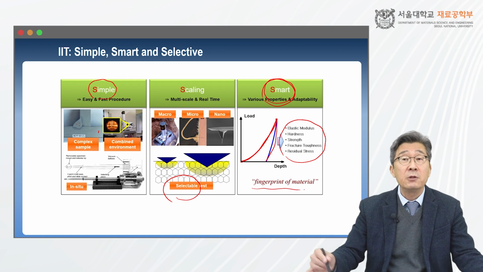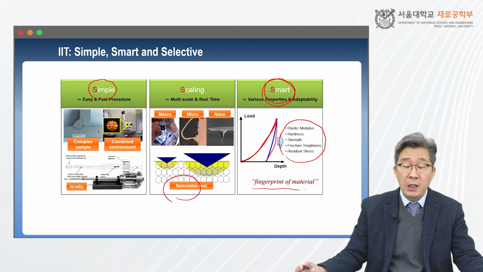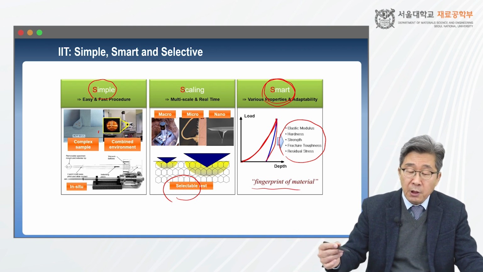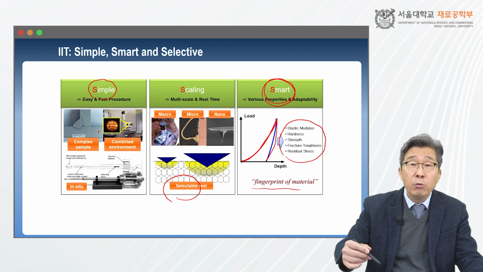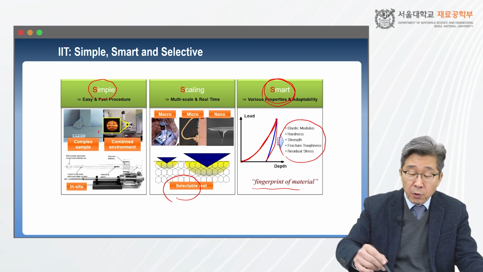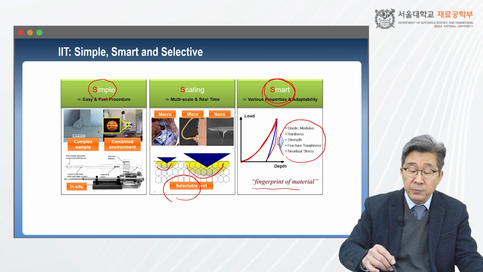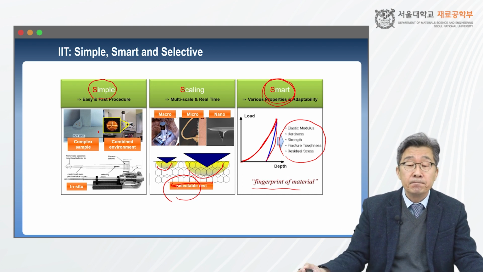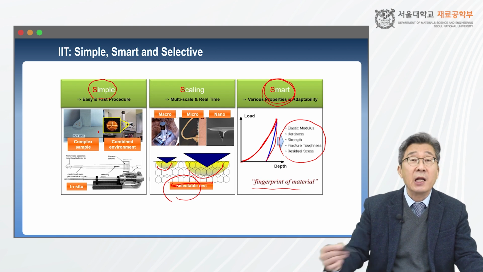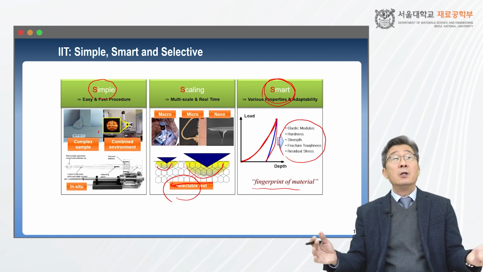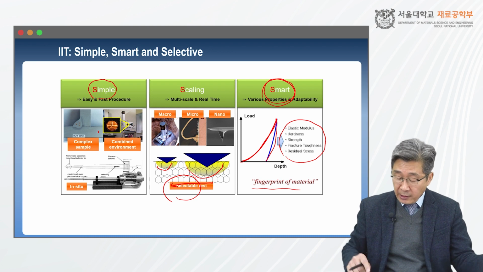It looks like a fingerprint of the material. And also by changing applied load, we can control the sampling size from macro to nano too. So we can say selective. So simple, smart, and selective.